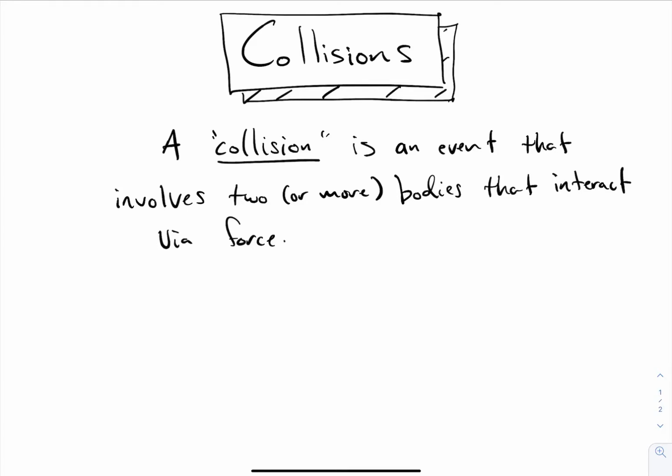So really, any time that two or more bodies interact with one another with some sort of force, then we would say that those bodies are colliding with each other.